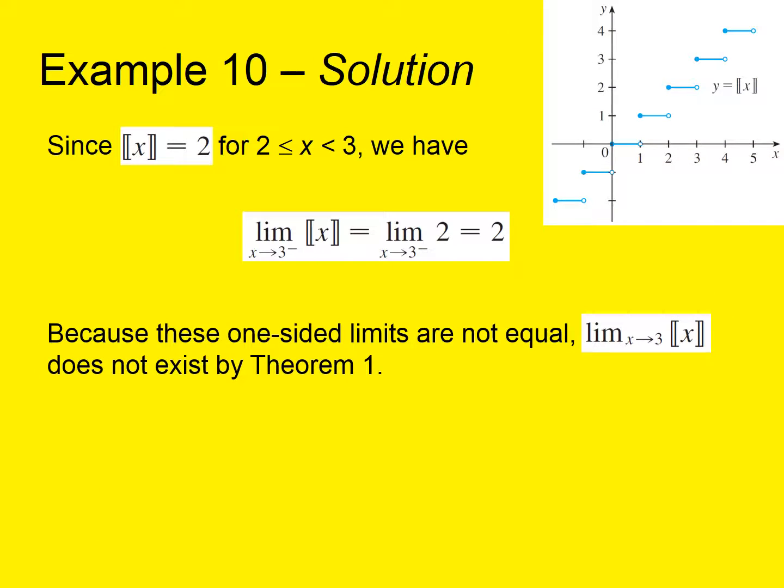And because these one-sided limits are not equal, there's no L like we're supposed to have in that theorem. So the limit as x approaches 3 of the greatest integer less than or equal to x does not exist by theorem 1, the theorem that said the two one-sided limits had to both be equal to the same number L.